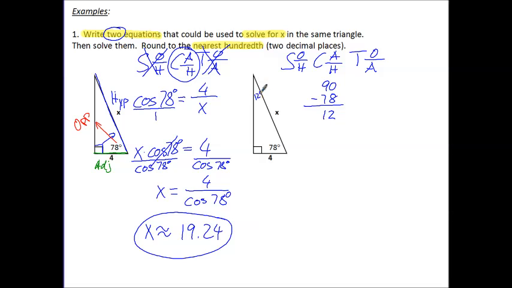Our third angle up here is 12 degrees, and now we can use that angle to find a different way of finding x. And first of all, we need to label our triangle again. And remember, different angle means we're labeling it differently. Not so much for the hypotenuse.